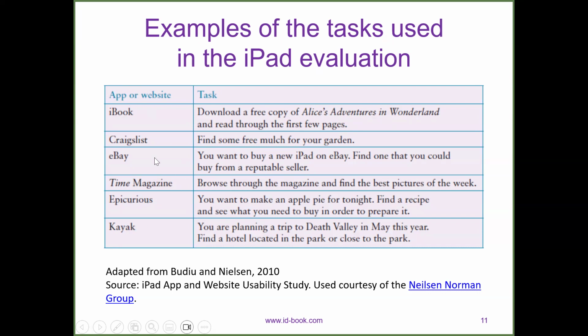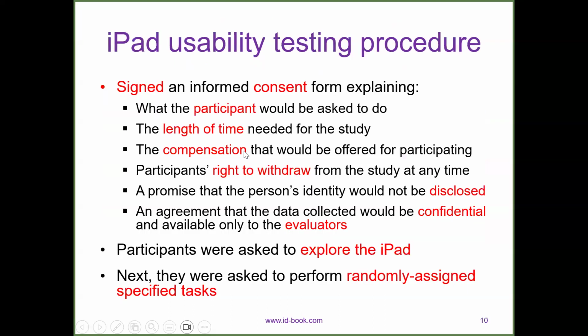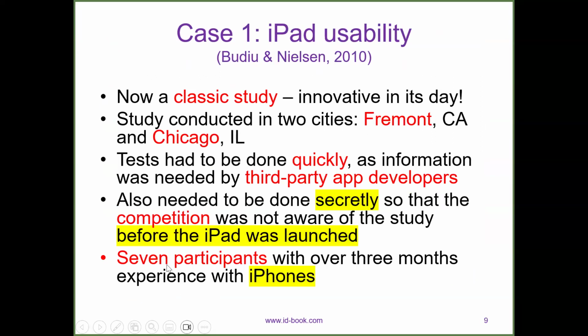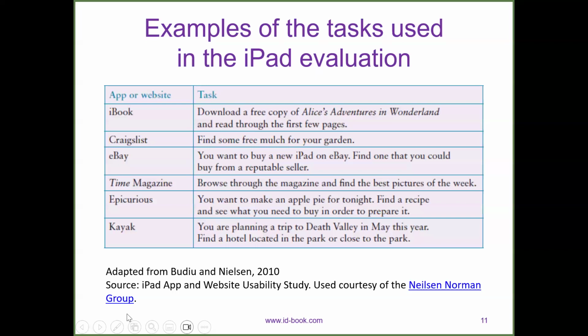So these could be the apps and the tasks to perform on these apps, by seven participants, as we said. Seven participants were asked to do this, and the average time was calculated, like how much time they took to do this work.